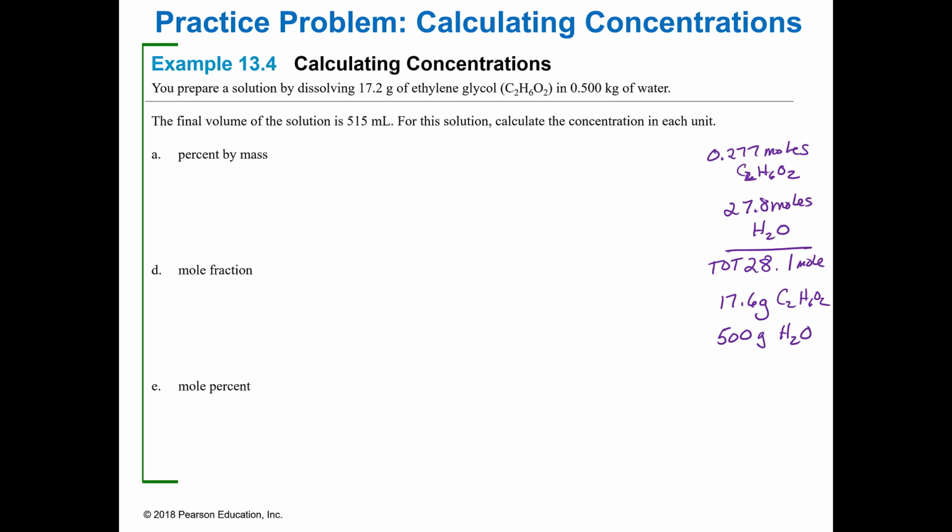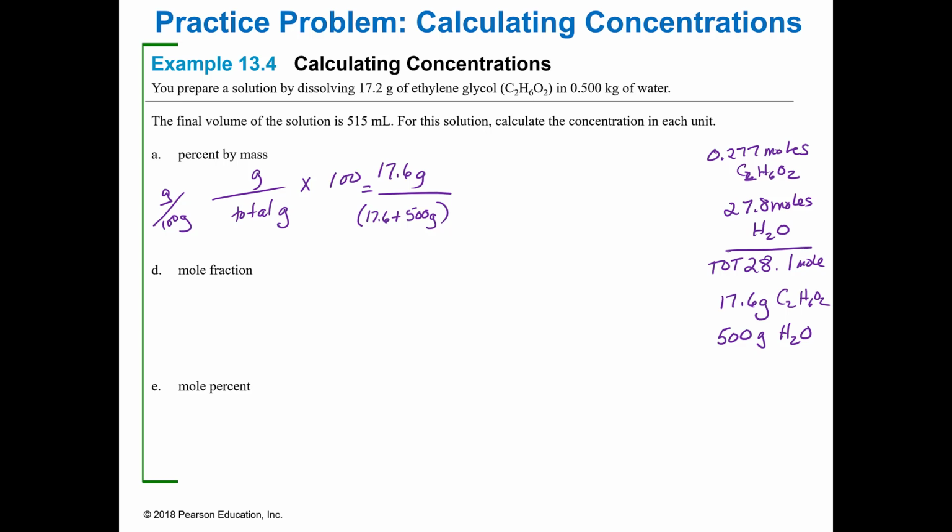All right, so percent by mass is grams per 100 grams, right? So in order to calculate that, I'm going to need to do the grams divided by total grams times 100. So I have 17.6 grams of the ethylene glycol, and then total grams I've got 17.6 plus 500 grams of water.